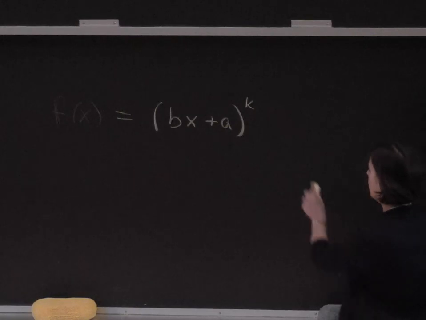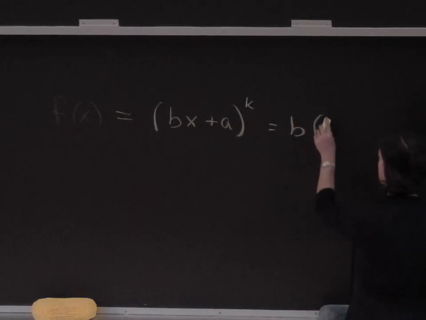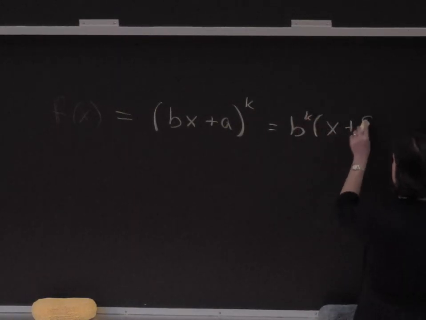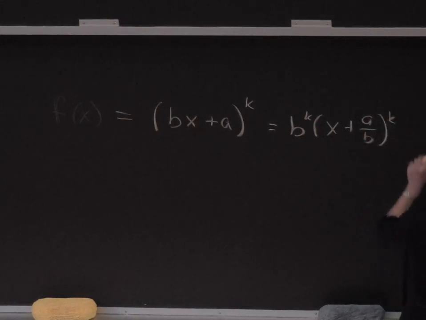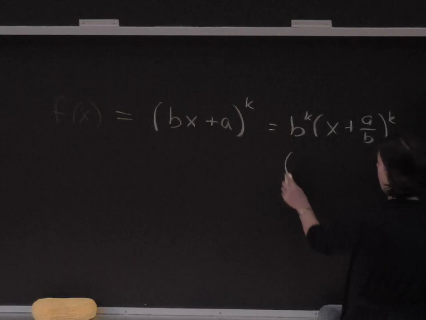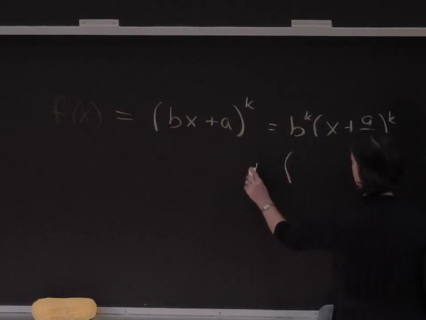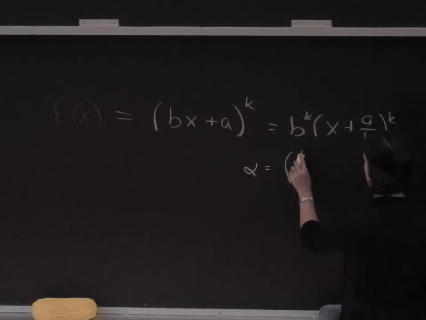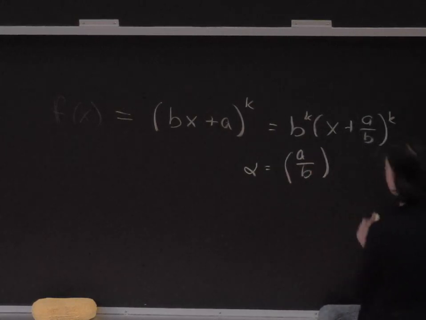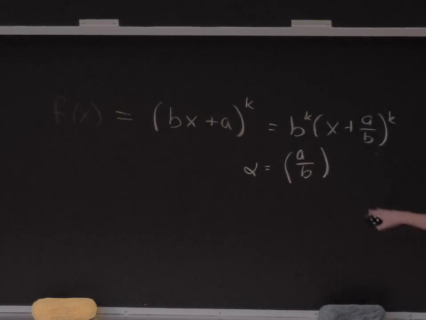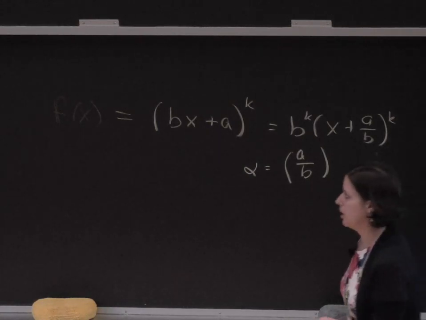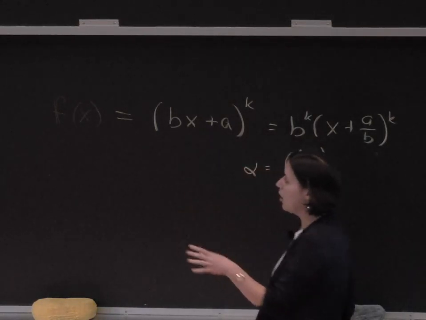And so you can rewrite this as b to the k times x plus a over b to the k. And so you have your roots a over b, and I think they call it alpha in their paper. They do have this showing up repeatedly in their asymptotic formula. So it does actually depend on all the roots of f.